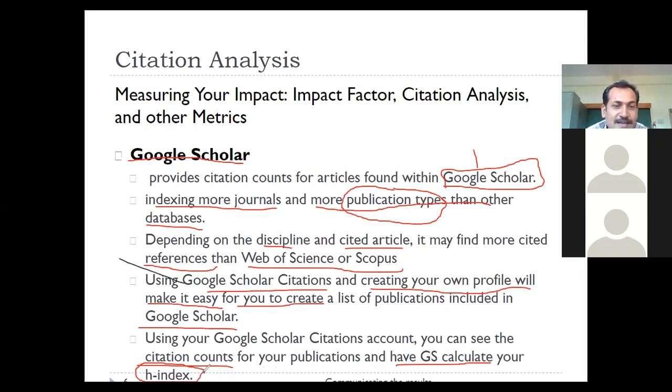Now, the H index was developed by one of the scientists. We will see who that is later on, but he developed the index to analyze the quality of the research of a particular researcher. To analyze that, he created an index that is known as the H index. We will see later on what the H index is.